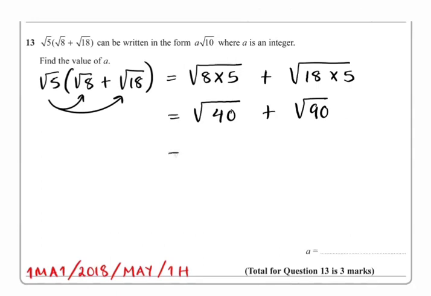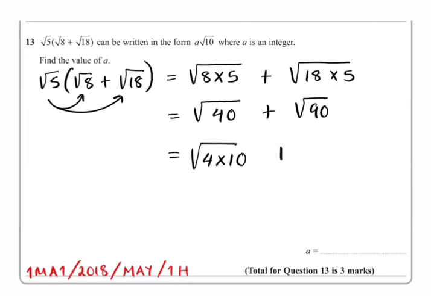So thinking about it carefully there, the number 40 can be split into two factors, which is 4 multiplied by 10. Those are not the only factors, but I am going for this pair of factors, so I ensure I have 10 as one of the factors. I do the same thing with my square root of 90. I'm going to rewrite this as 9 multiplied by 10.